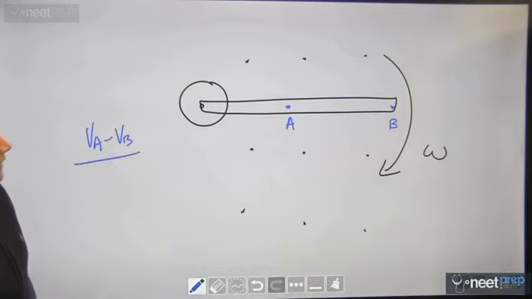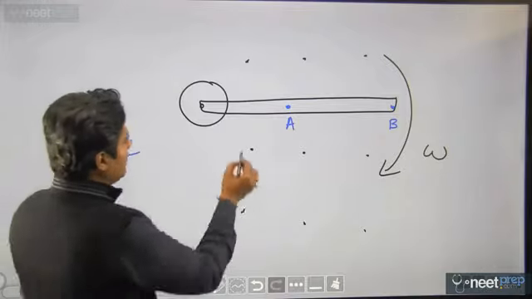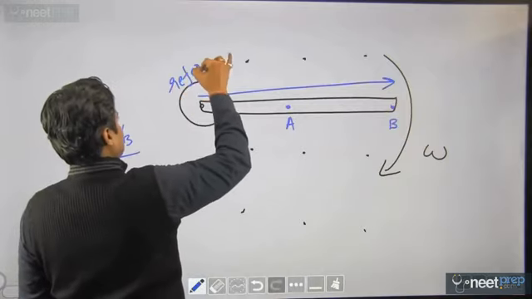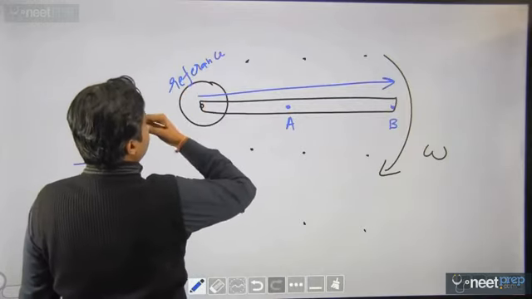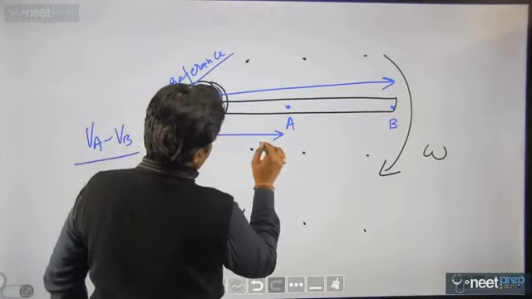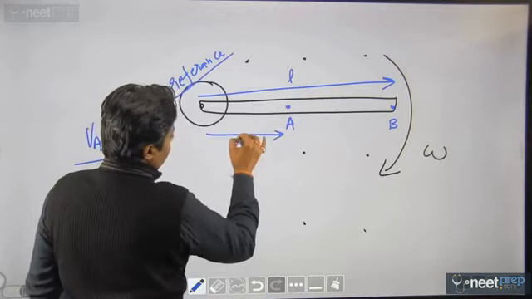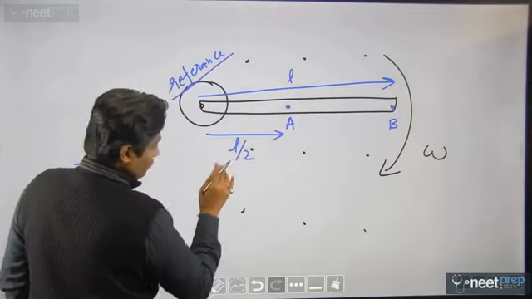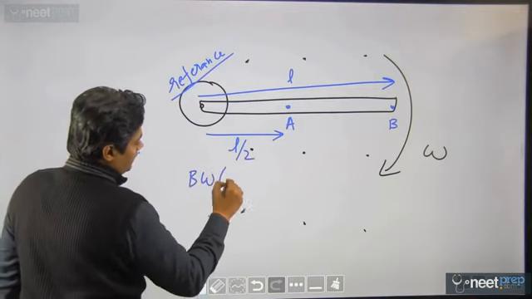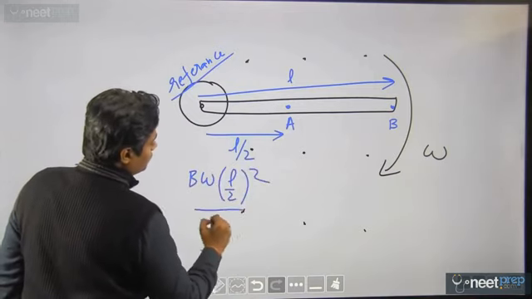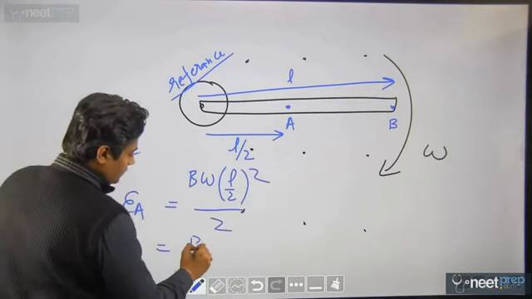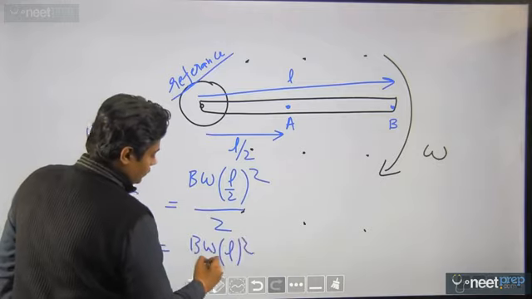Then, my dear students, in this case you have to assume the center as the reference. Always assume the center as the reference. Why? Because we know the potential difference: let us say the total length is L, then L by 2, so the EMF at A will be B omega (L by 2) whole square by 2, and the EMF at B will be B omega L square by 2.